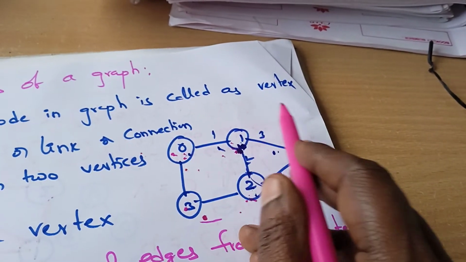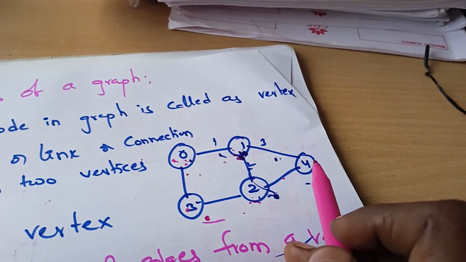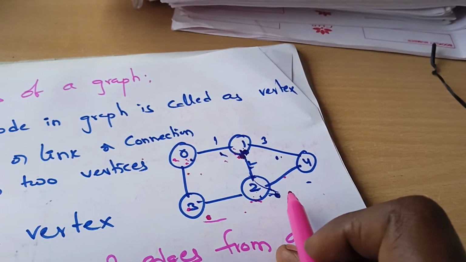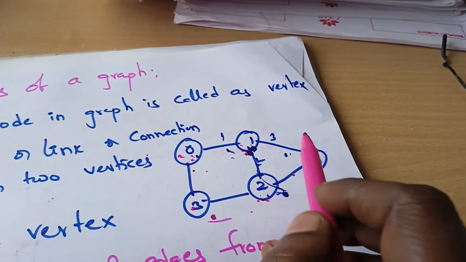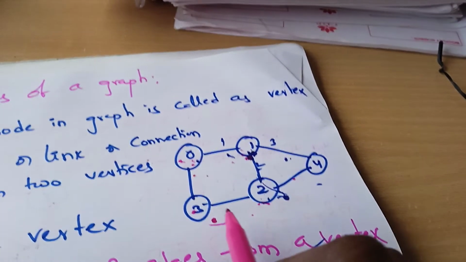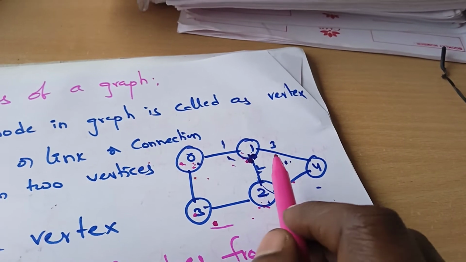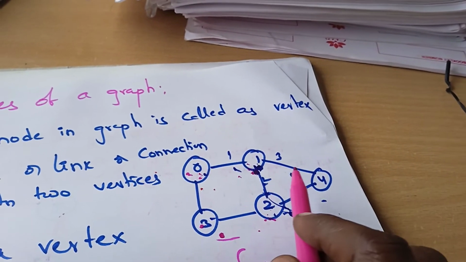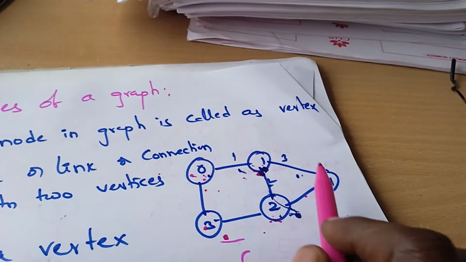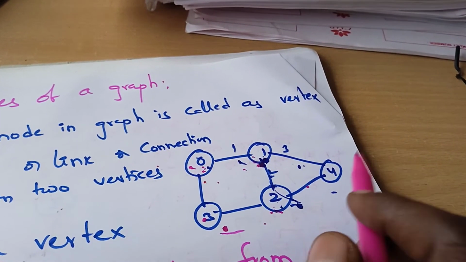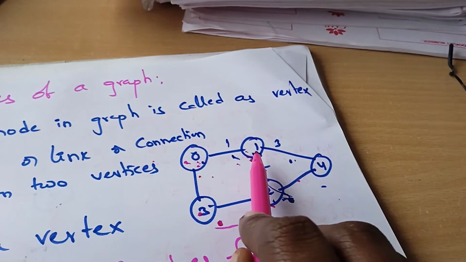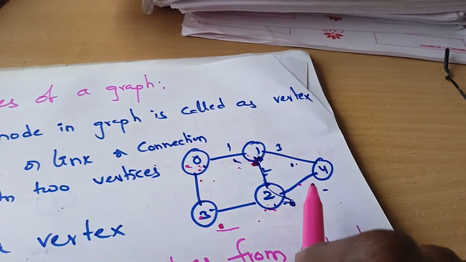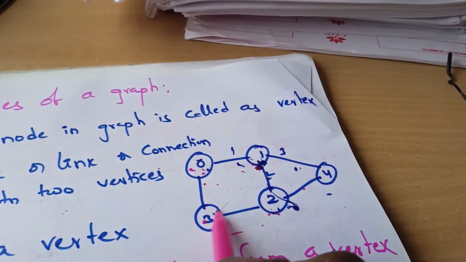As far as a graph is concerned, you can start at any node as the first node. If it is a tree, the first node is the root node. If it is a graph, you can take any node as your first node. So right now I am taking this one. Now 1 is my source, and you can choose any destination. Now my destination is 3.